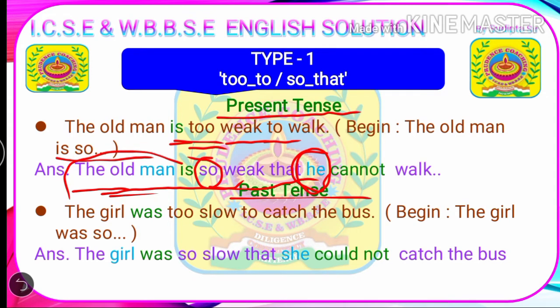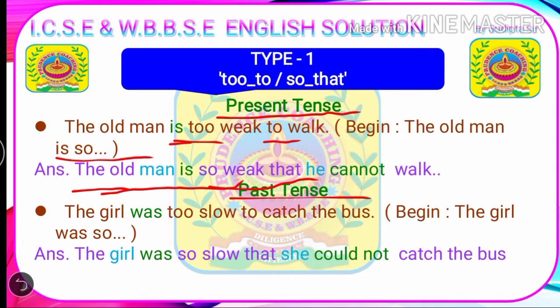So finally the answer is, the old man is so weak that he cannot walk. Cannot is related to is, so these are shown in the same colors. As this is present tense, we will have to use cannot. So the old man is so weak that he cannot walk.